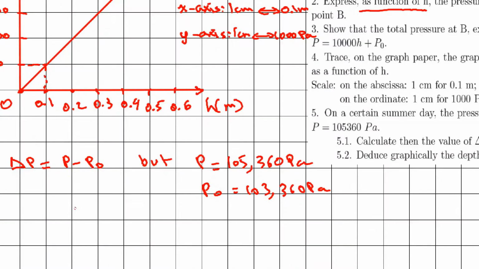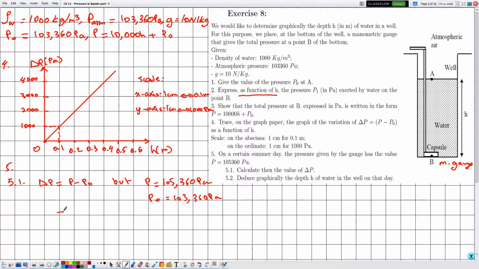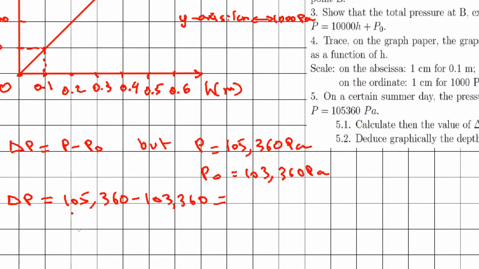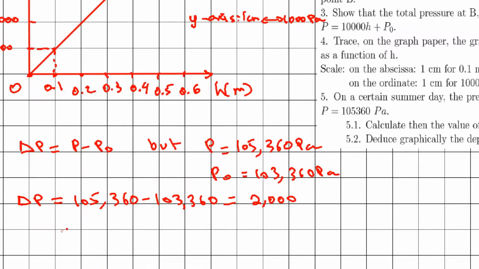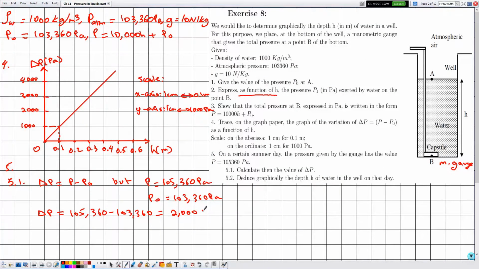Now replacing P by this value, so here this is given by delta P. Now plugging this on the calculator, then the value of delta P is given by 2000. Since both this and this are expressed in Pascal, so the value of delta P will be also expressed in Pascals. So delta P is equal to 2000 Pascal. So the variation of pressure on this summer day is given by 2000 Pascal.